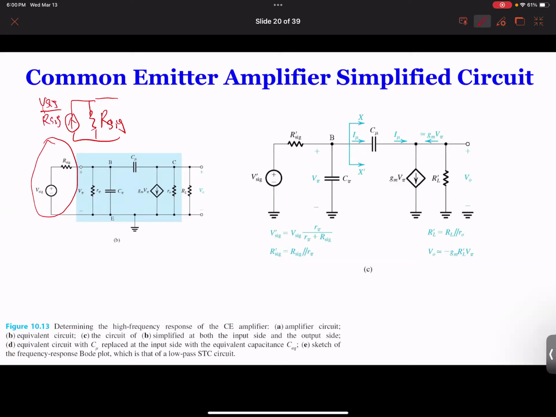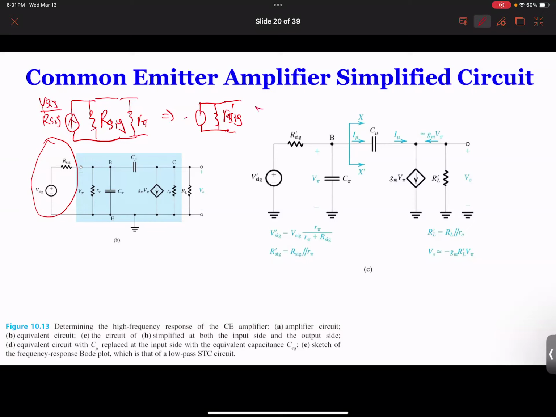Now you see here, R pi becomes parallel, so I can combine these two into one resistor, which is called R pi prime. Or what they call here, ISIG prime. Okay, so this is the current.